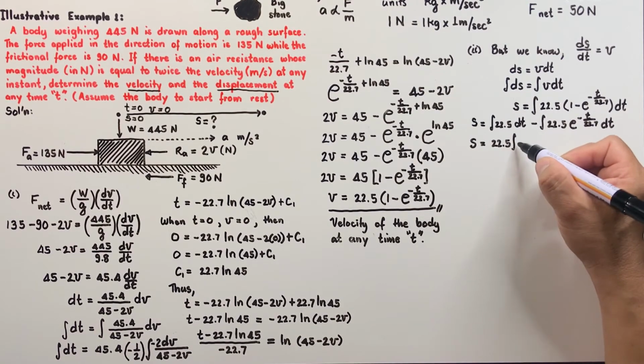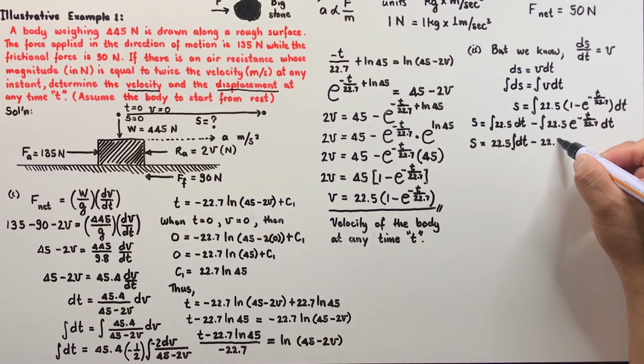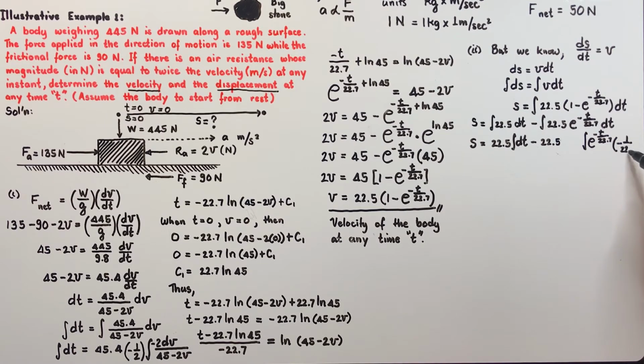So this is 22.5 times the integral of dt minus 22.5 times the integral of e to the power of negative t over 22.7, but the differential of this is negative 1 over 22.7 dt.